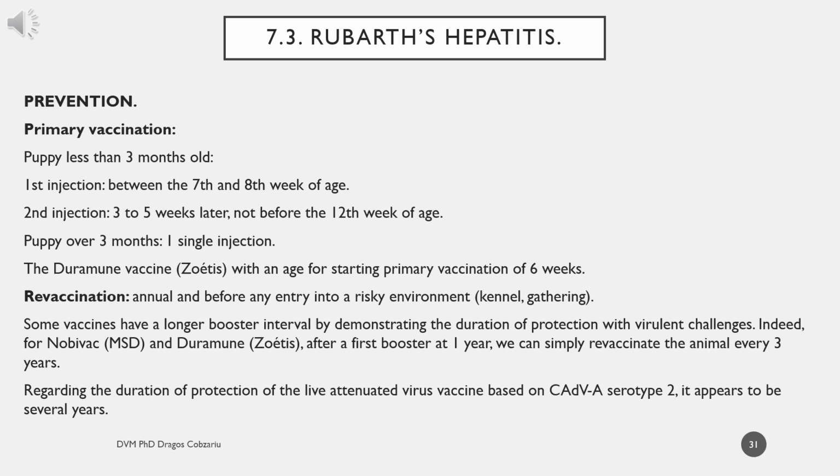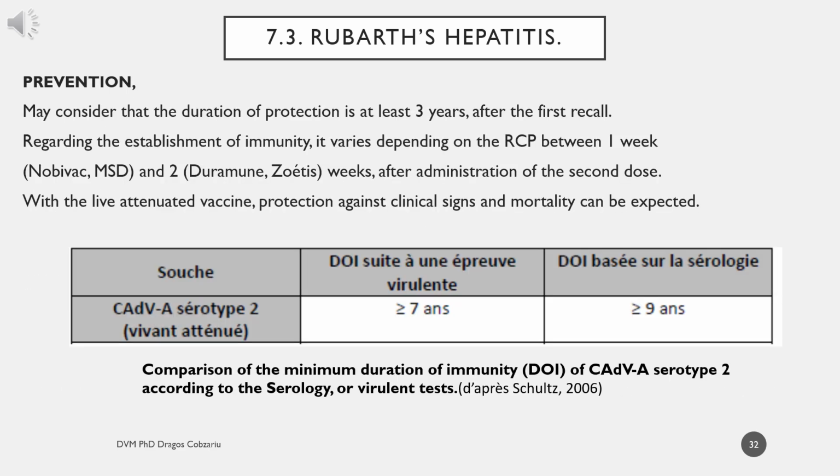every 3 years. Regarding the duration of protection of the live attenuated virus vaccine based on CAV-2, it appears to be several years. Prevention may consider that the duration of protection is at least 3 years after the first recall.